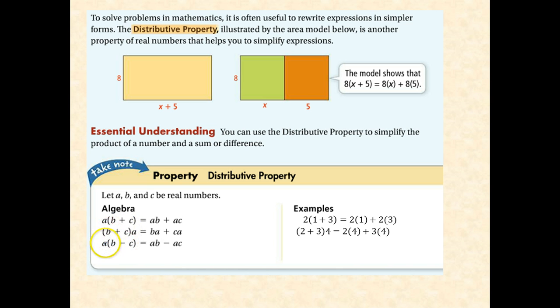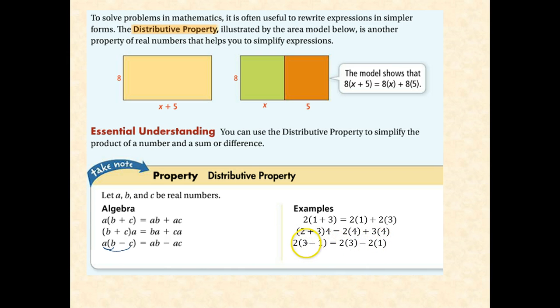What if it's a number times a difference? Well, same whole thing. A times B, but now it's A times negative C, so minus AC. So how about some number examples? 2 times 3 minus 1 equals 2 times 3 minus 2 times 1.